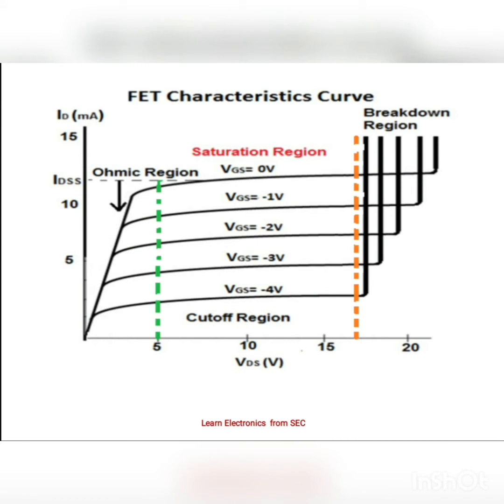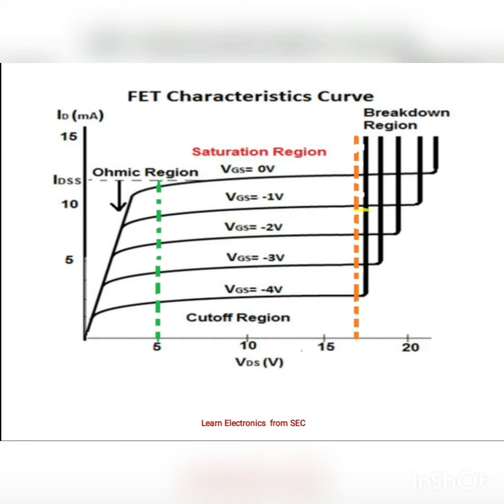Now putting VGS constant at 0 and making it more negative, the curve is moving towards the x-axis here. And likewise the current IDS will be constant here. ID will be equal to IDSS over here. Whatever change there is in voltage, the current in the circuit will be the same, constant.